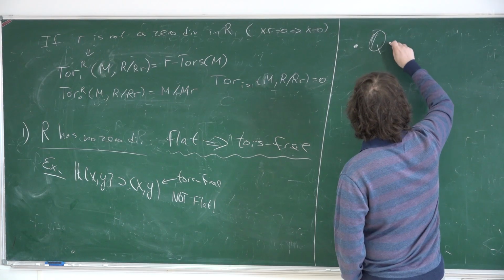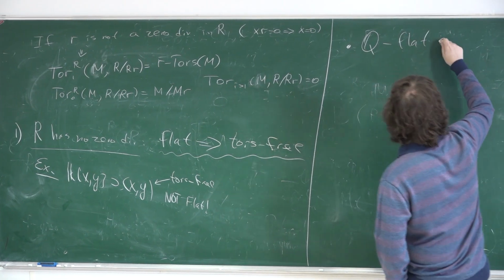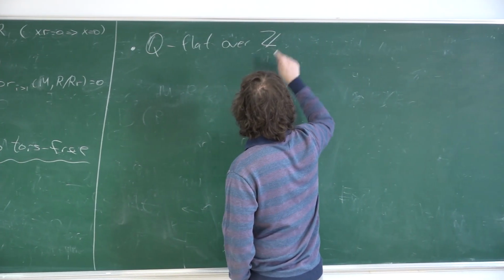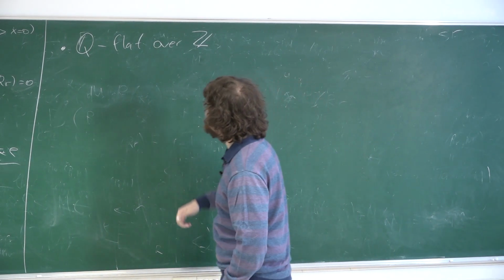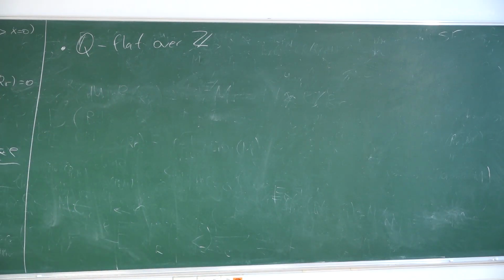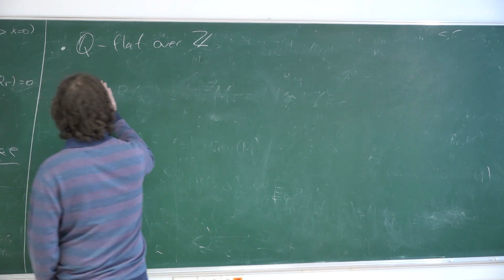Q is flat as an abelian group, flat over Z. Did you check this? Maybe not. But Q is flat over Z. No, I haven't checked this. Okay, let's check.